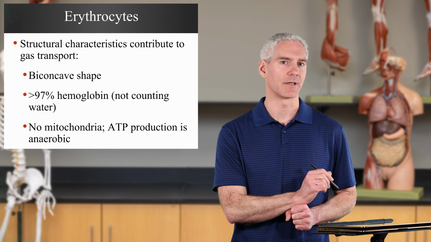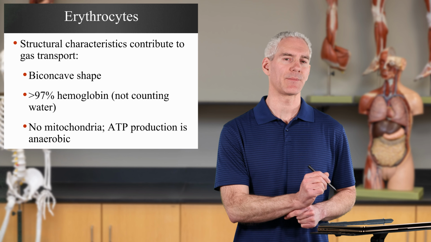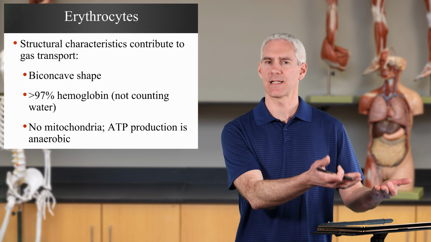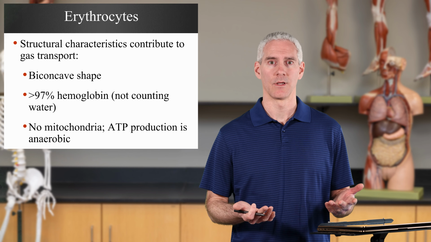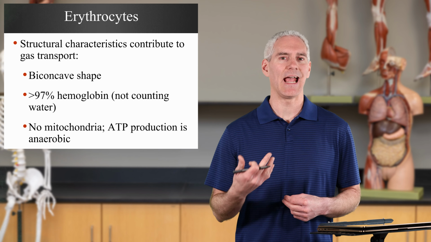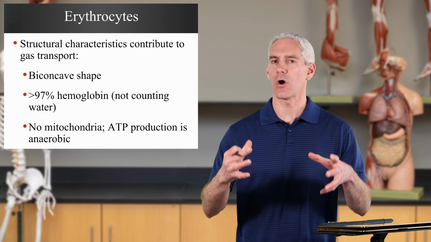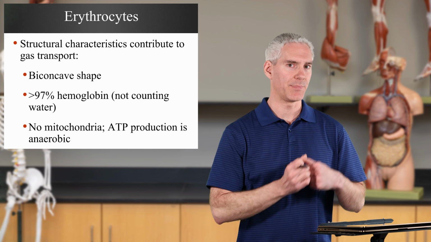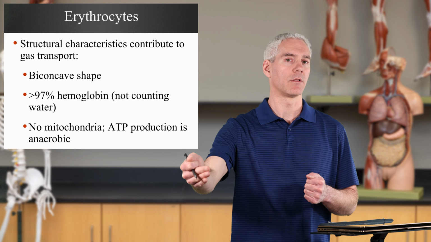There's no mitochondria here, because do you want to use up the oxygen that you're transporting, basically your cargo, before you get to the destination? No. So the cells use an anaerobic process to make sure all that oxygen, all that cargo, gets from point A to point B, and isn't used up along the way.